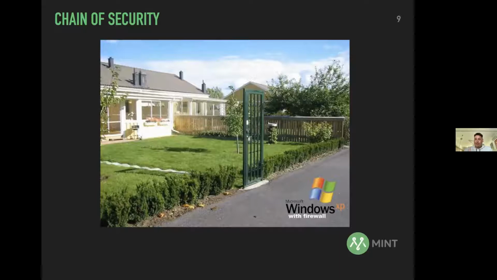Your website looks very good, and you have something for security. It's this door, but everything else is open, I can just go over from the left to the right side, and that's it. So how good is your security? It's not as good as this door. It's actually as good as everything else in this picture. So this is basically your chain of security.